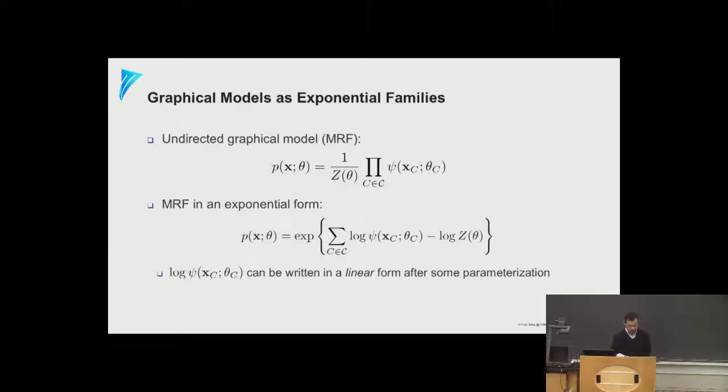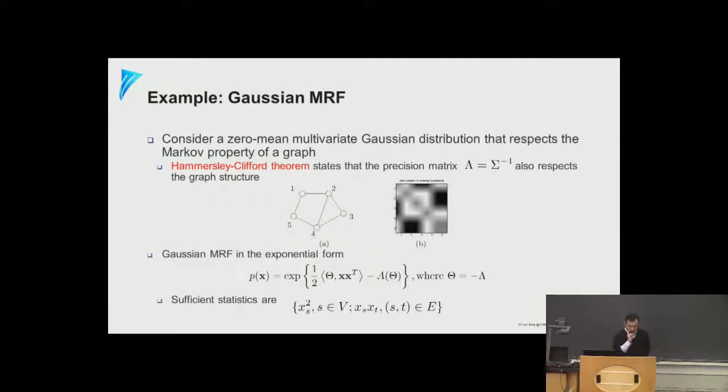And so, for example, our undirected graphical model can also be expressed in this way. And the Gaussian Markov random field is also a member of the exponential family. Here, the sufficient statistics are basically singletons and pairwise products of random variables, and their weights are basically the numbers in the inverse of the covariance matrix.